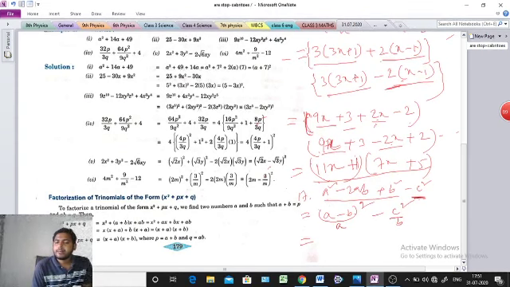Here a means a minus b, and b means c. So we will use the a square minus b square formula. So a plus b, a means a minus b, plus c, and after that a minus b, a means a minus b, minus c.